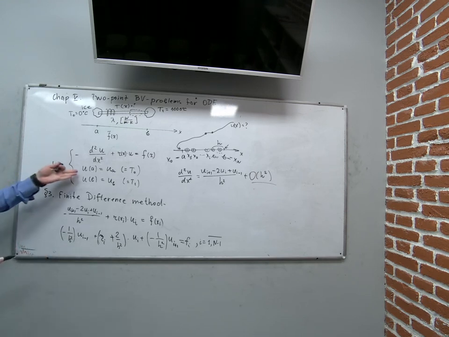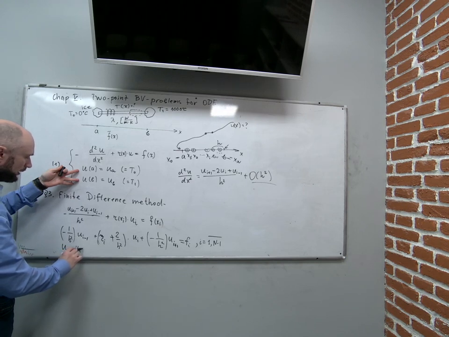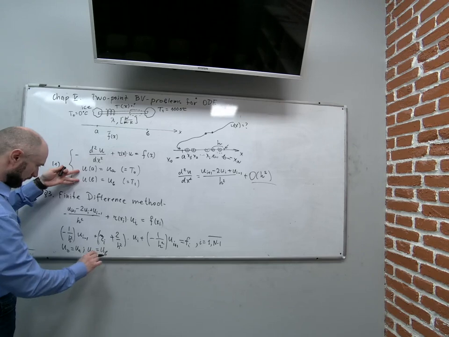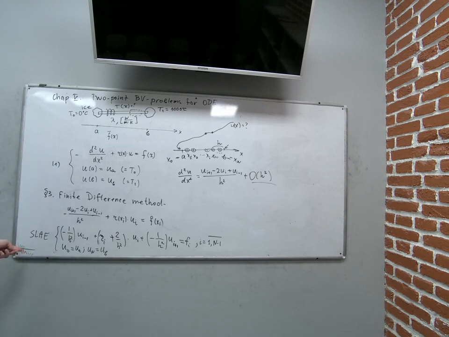So we need to add two equations, which are u0 is equal to ua and un is equal to ub. And this is how we obtain a closed system of linear algebraic equations that we need to solve.